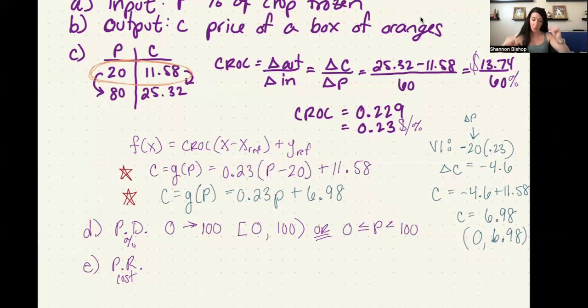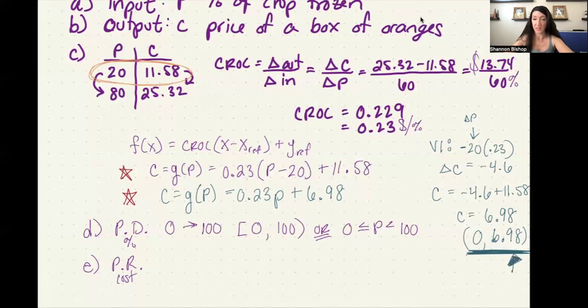Okay, so we made a small amendment there. Either way, these are the two costs that we have to imagine. We already found, thanks to my scratch work, that if nothing was frozen, then the oranges would have cost $6.98. In doing our vertical intercept work, we already knew that.